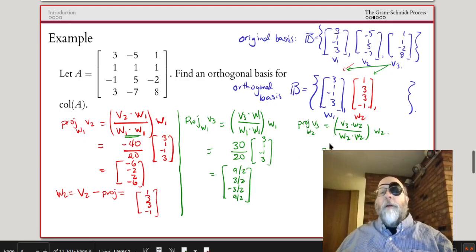Then over here, V3 dot W2: 1 times 1 is 1, 1 times 3 is 3, that makes 4. 4 minus 6 is -2, -2 minus 8 is -10, and W2 dot with itself is 1 plus 9 plus 9 plus 1 is 20, times W2, which is 1, 3, 3, -1.